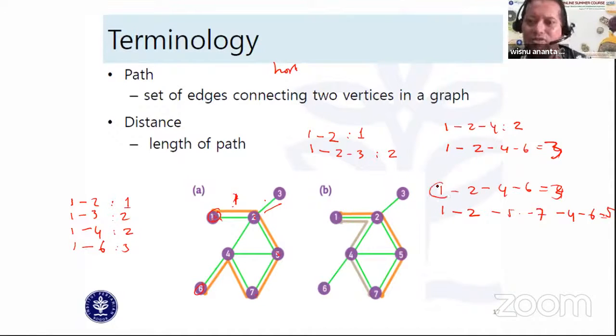The origin node is 1 and the objective node, the end node, is 6. But this is the shortest path.